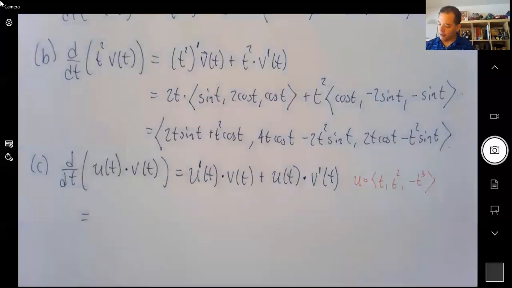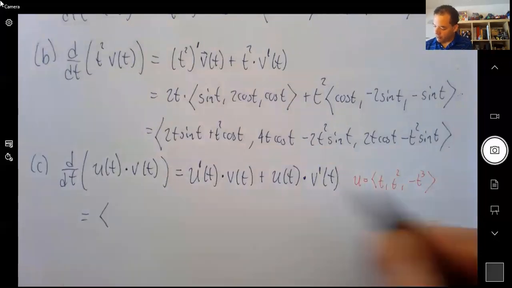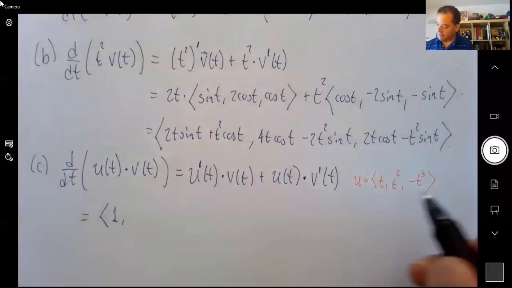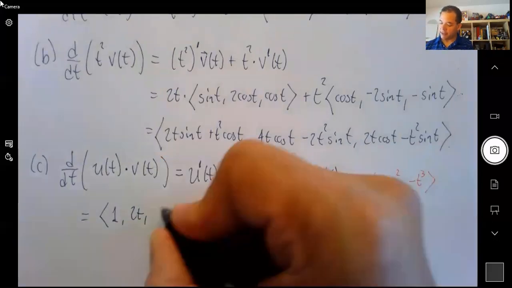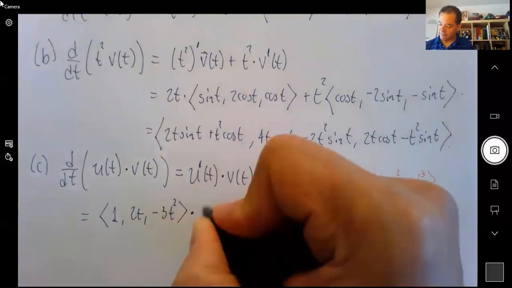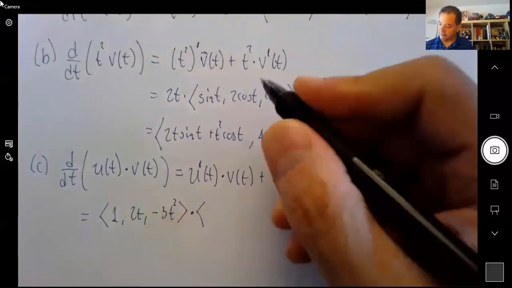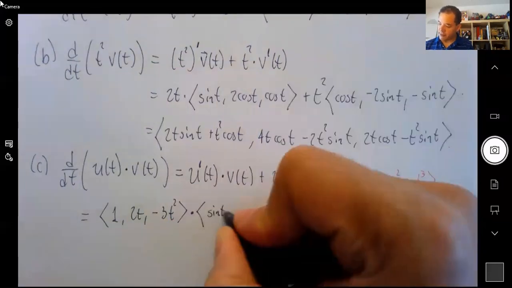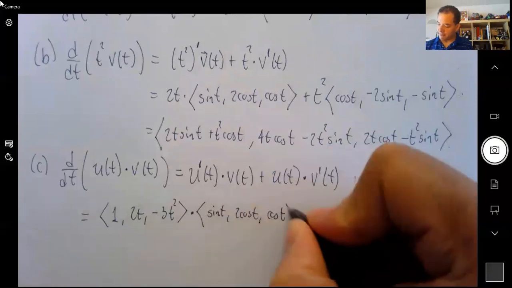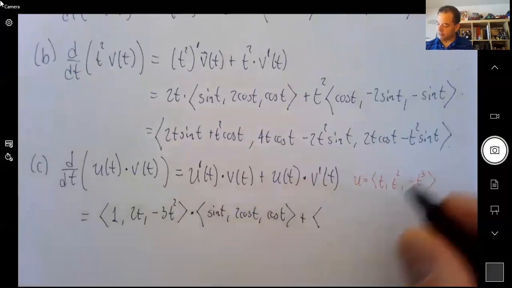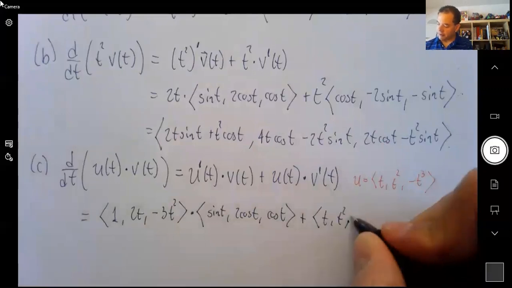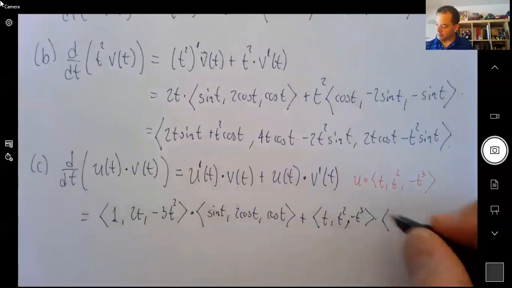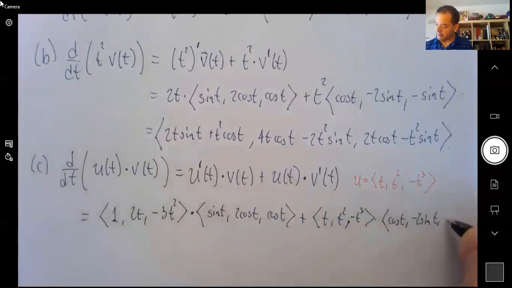So u prime is going to be 1, the derivative of t squared, 2t, the derivative of negative t cubed, negative 3t squared, dot v, and v is sine, 2 cosine, cosine, plus u, which is t squared, negative t cubed, times v prime, and v prime is cosine, negative 2 sine, negative sine.